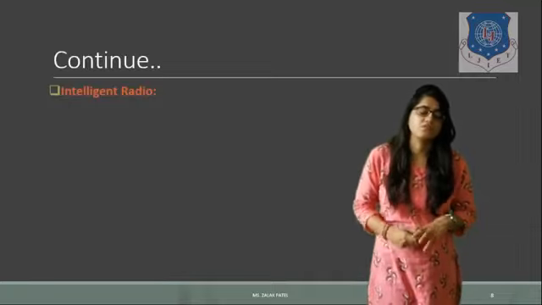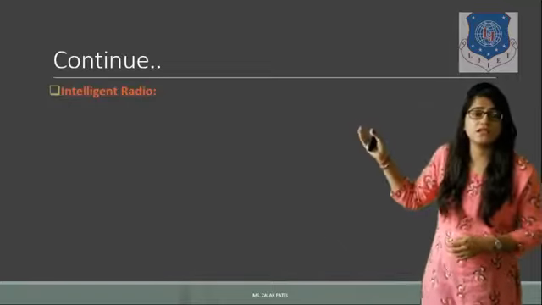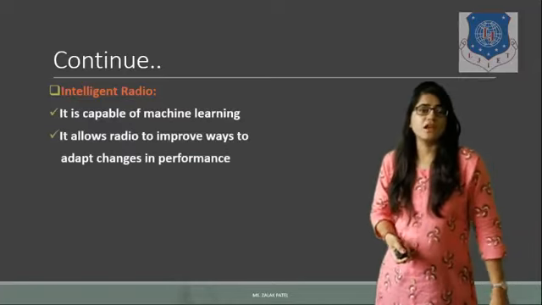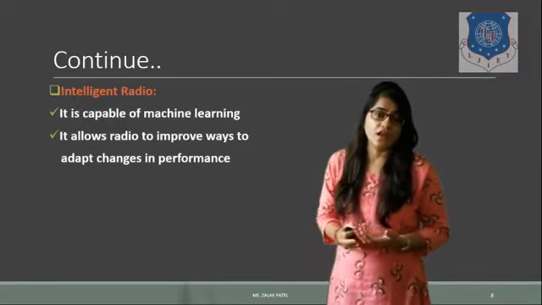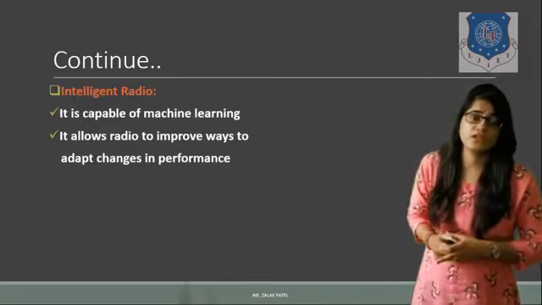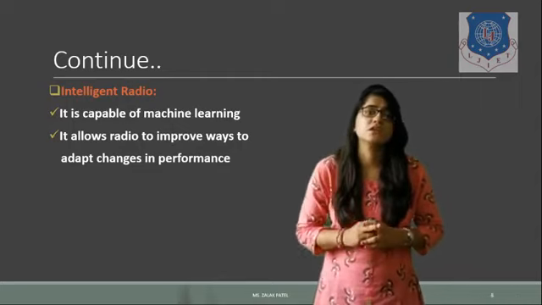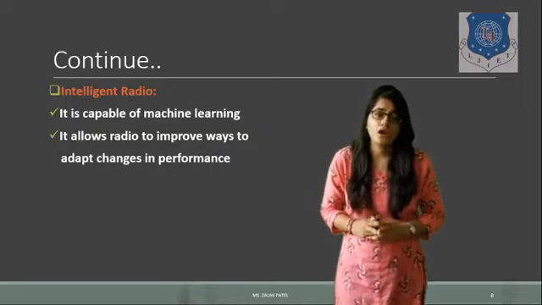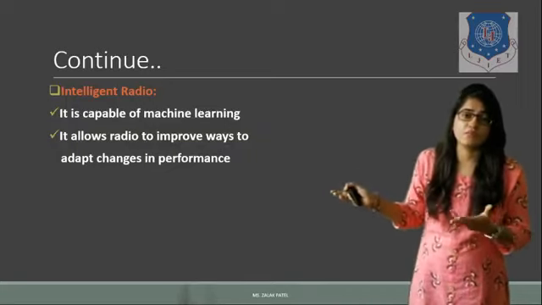If we talk about the last type of technology that can be supported by software-defined radio, then it is intelligent radio. In the case of intelligent radio, it is capable of machine learning, various types of machine learning techniques. Here you can also use the ANFIS for this, means adaptive neural fuzzy network can also be used. Here it allows the radio to improve the ways to adapt to changes in performance.